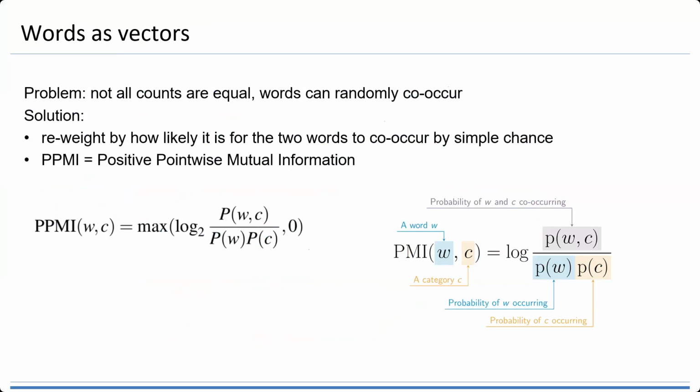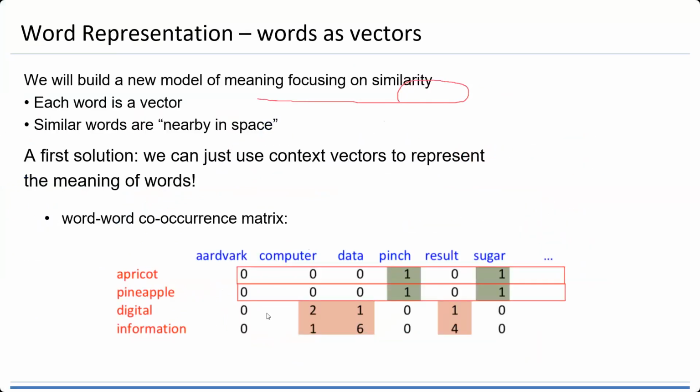But the problem is, not all counts are equal. If they were equal, then we could say the words are similar. And the words can randomly co-occur. You can see from this one, this is fruit, and this is about technology.